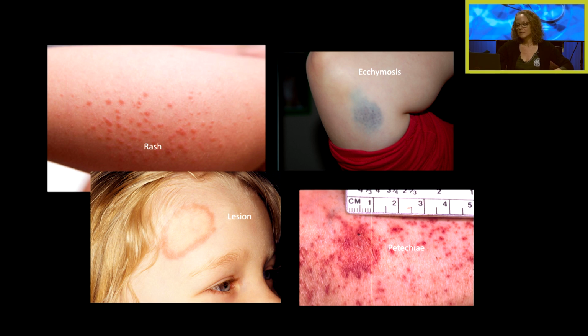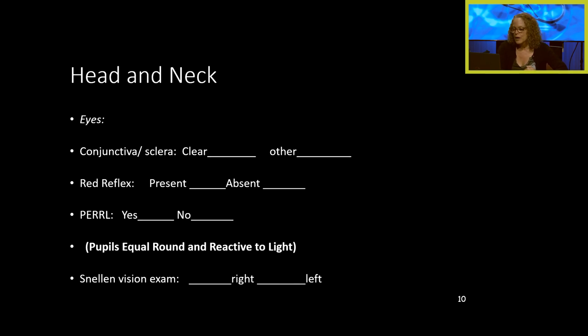They're in the dermis, and so these are usually not associated with any type of rash, itching, or pain. So petechiae are a little bit different. Again, we'll talk more about this. At this point, I just want you to be able to recognize and differentiate between the four of these.